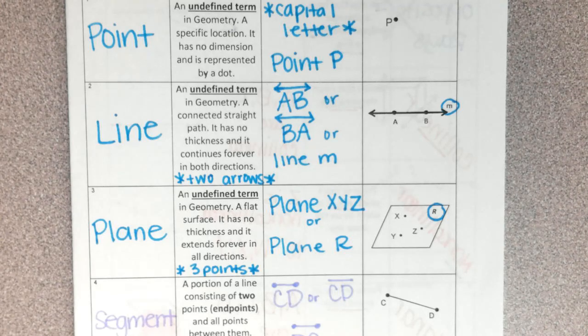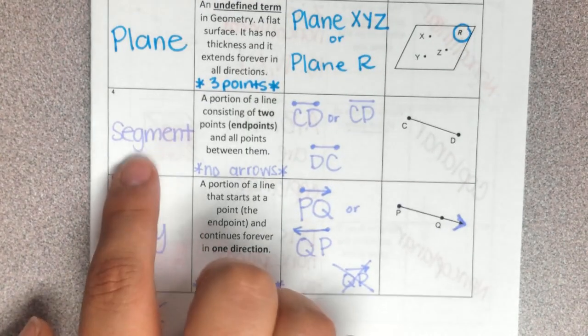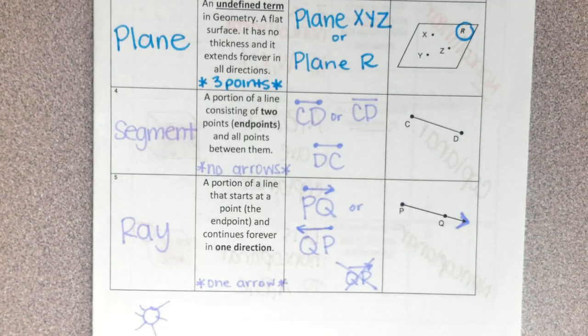How many arrows are on AB? None. This has no arrows. If it has no arrows, look at your notes. Which one of our notes has no arrows? Segment. You should have shown me a segment.